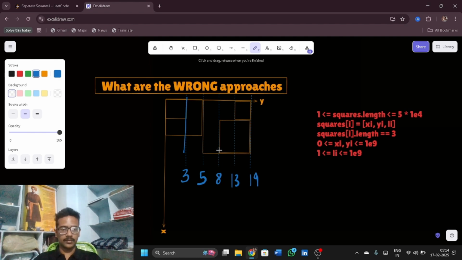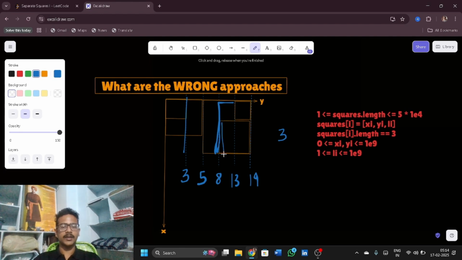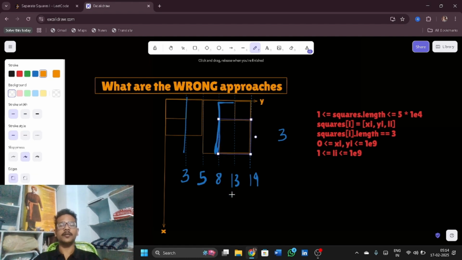After that, sorry, I have 1 into 3. I am adding this 3, the rectangle's area, firstly, and then I have another square here. So I add 2 into 1, which is 2. So 3 plus 2 is 5. If I add 5 to 8, it is 13.